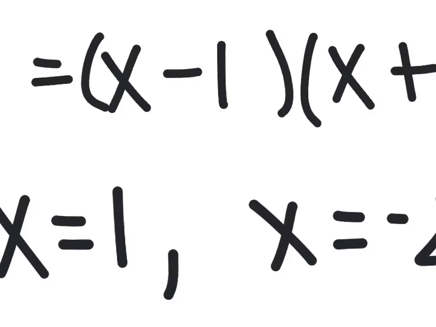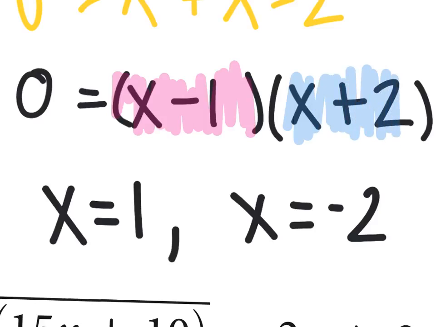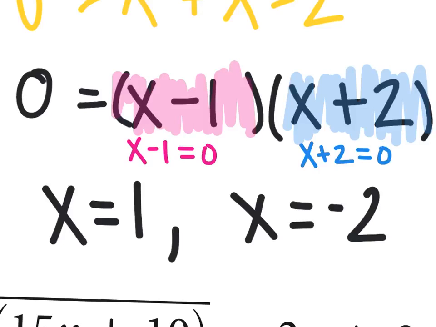The zero product property, that's like the fancy name for it, says that if I'm multiplying two things together, x minus 1 and x plus 2, and when I multiply those two things together, I get 0, then one of two things must be true. Either x minus 1 must equal 0, or x plus 2 must equal 0. And we solve both of those, and that's where positive 1 and negative 2 come from.